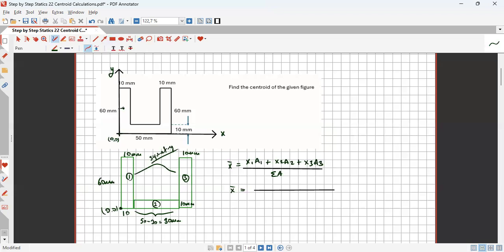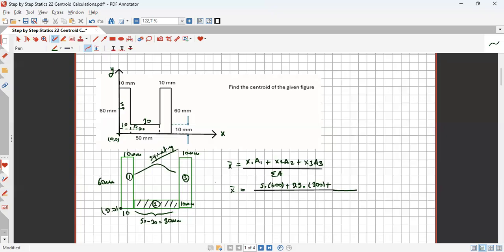Moreover, its x coordinate is 5, so 5 times 600. The second shape is here. Here is 30. Now we use these x coordinates. It means 10 plus 15, it is 25, times the area of the second part, which is 30 times 10. It is 300.